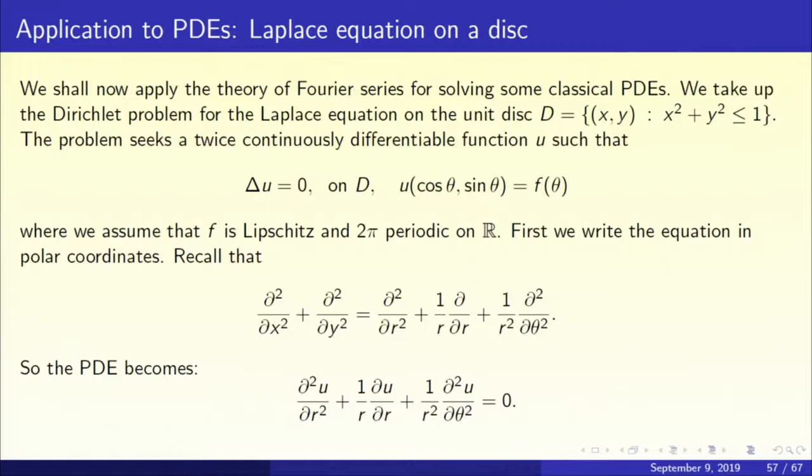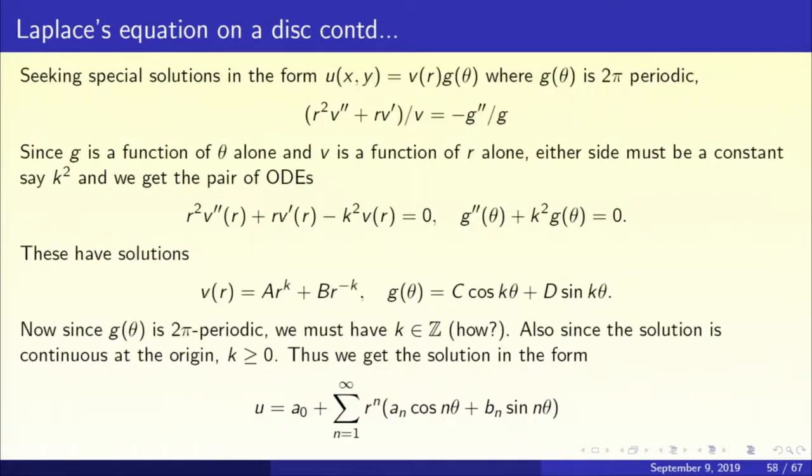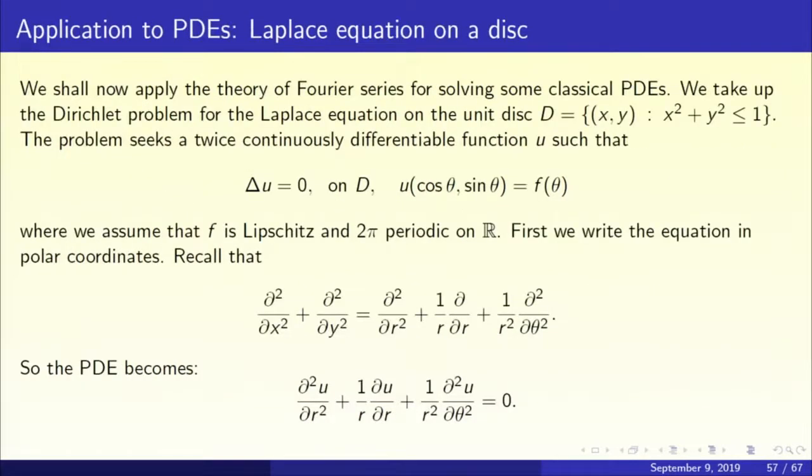Alright, so what do we do with this? Now we look for a special solution of the form v of r into g of theta, and we substitute v of r into g of theta for u in this last equation that you see on the slide. So what is it? U equal to v of r into g of theta. So del 2u by del r squared will be what?